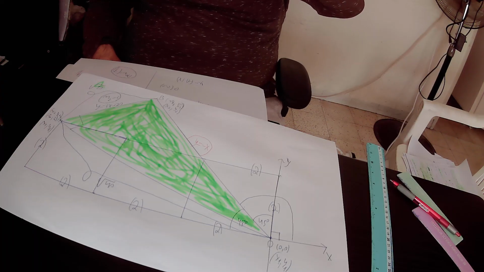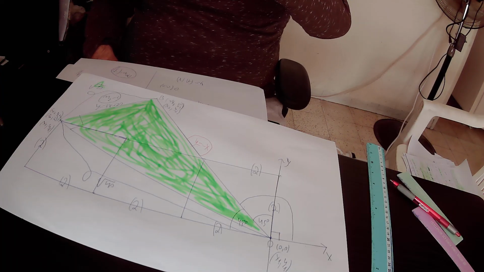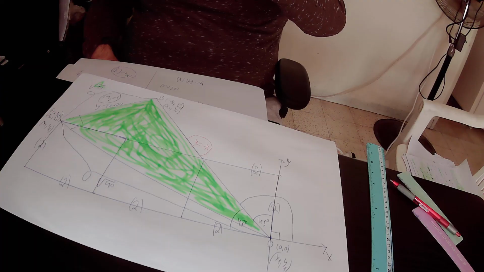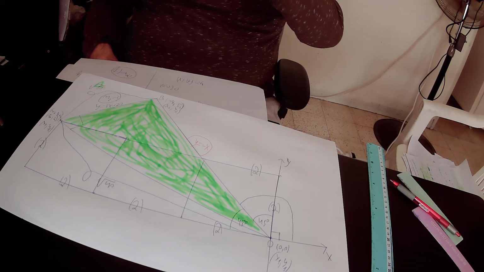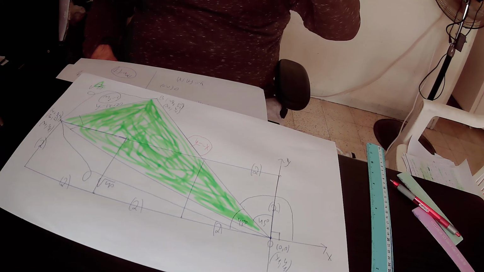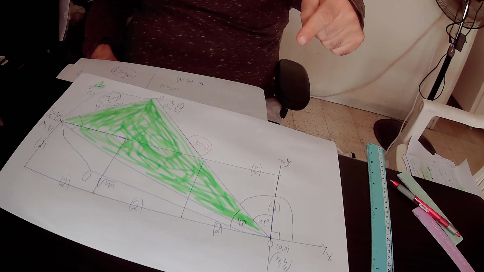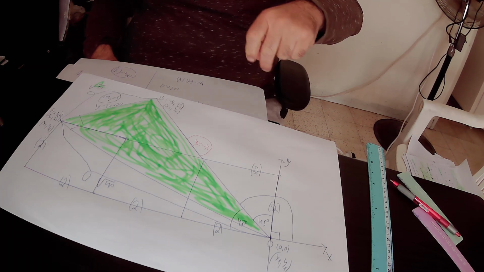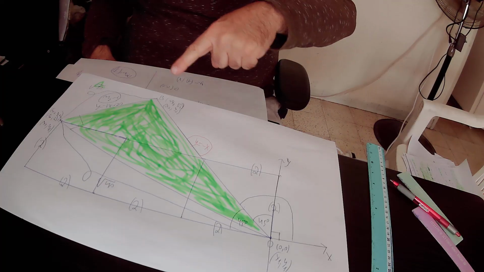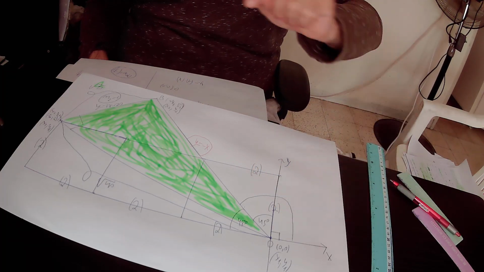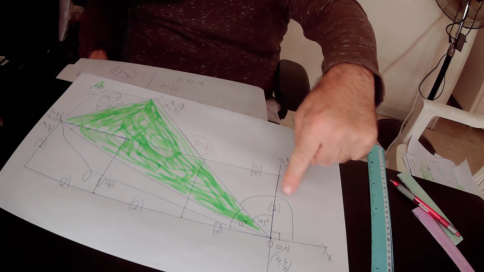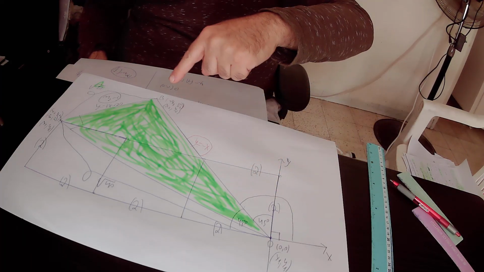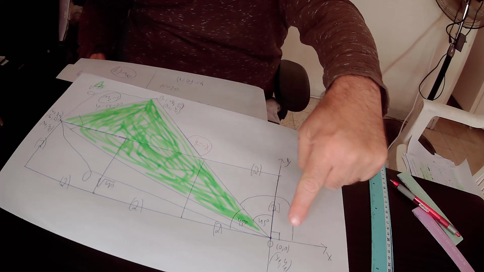Actually, we know that the value of the slope of a straight line equals the tangent of the angle that is created by the straight line with the positive x-axis. This is the angle created between the straight line BO and the positive x-axis.